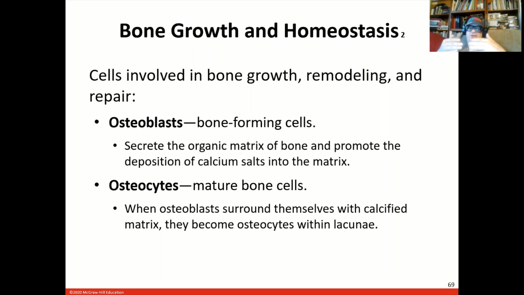And the osteocytes are actually hooked to each other, and they can transmit chemicals and nutrients to each other, stuff like that. Anyway, so osteoblasts build bone. Osteocytes are not doing that anymore. You might say, why do we still have them? Well, they're there to detect stress on the bone.